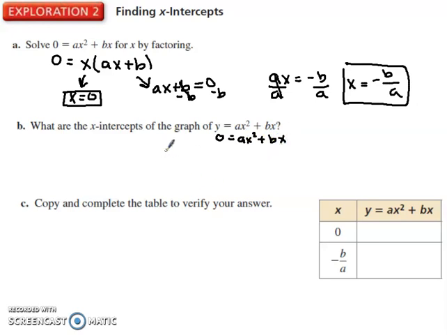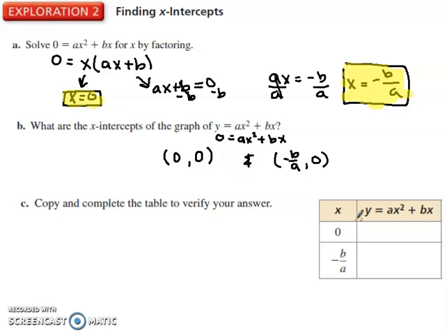So for my first x-intercept, I have a y value of 0, and I saw by solving before that my x value will be 0. Option 2, I have a y value of 0, and I also got a solution of negative b over a. So I have two x-intercepts on my graph of y equals ax squared plus bx.